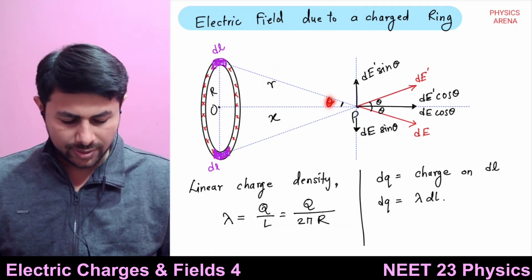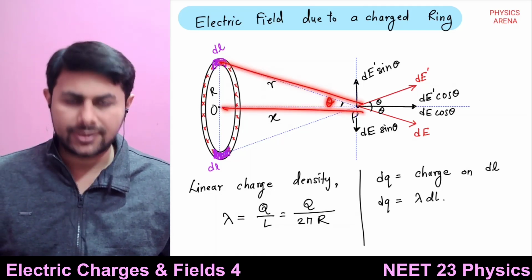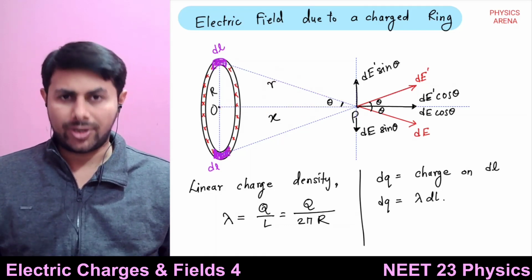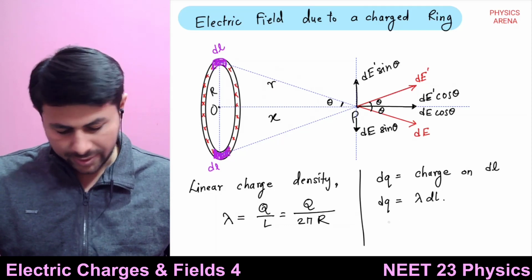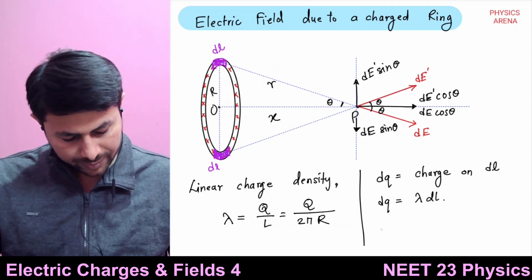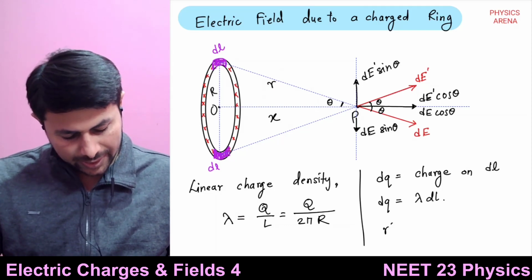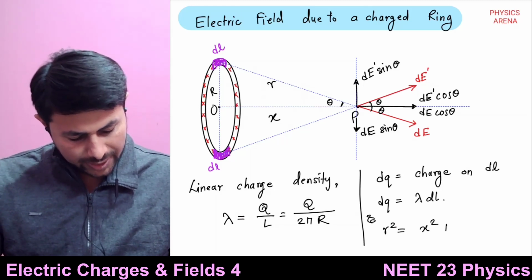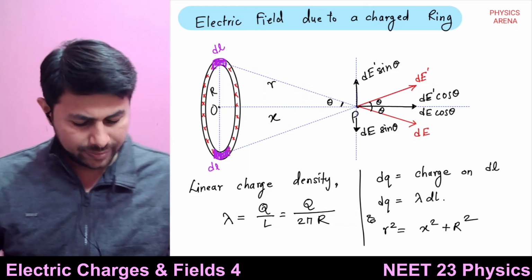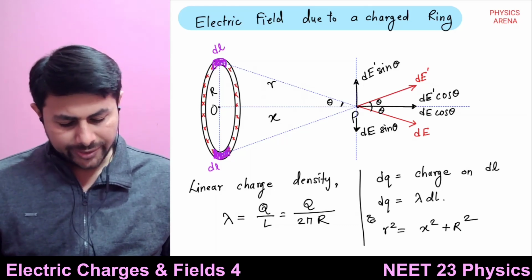So this r and x make some angle which will be constant, right? So theta is constant. And let's write that r square is equal to x square plus capital R square.